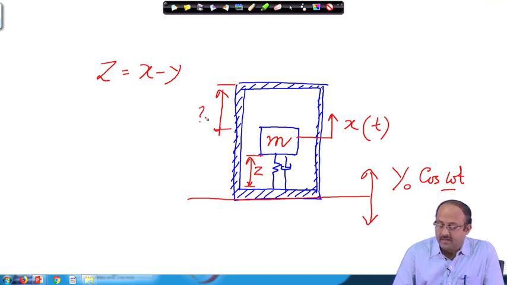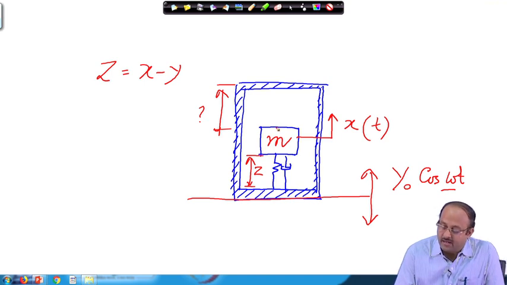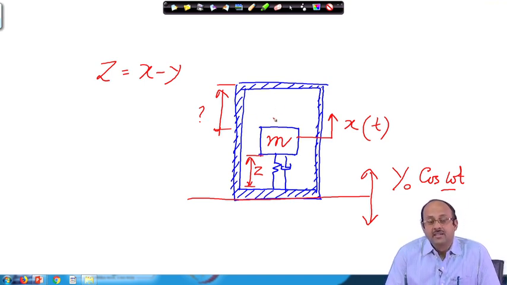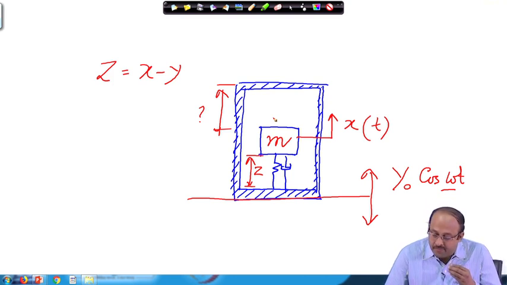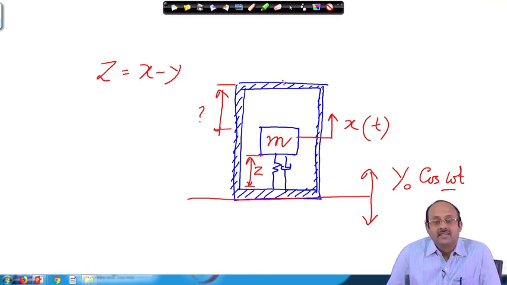Now, if the level of vibration is quite large, then it may so happen that this distance becomes equal to 0, and at the extreme situation when this distance is trying to become less than 0, then the collision may take place. So, this component may get collided with the outer casing, which may damage the component.